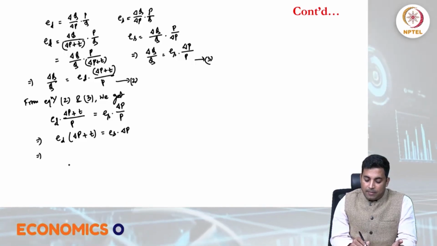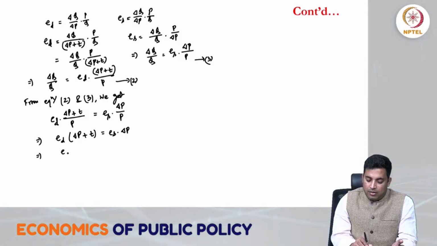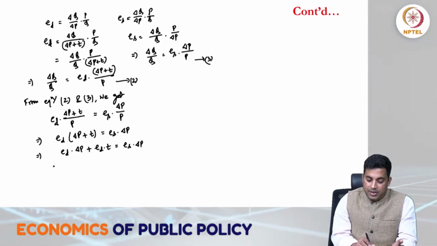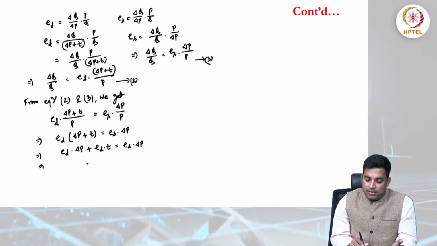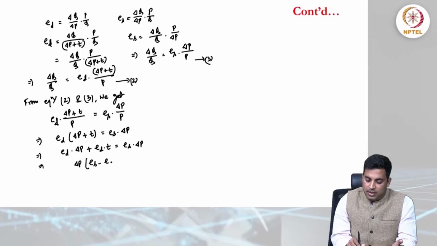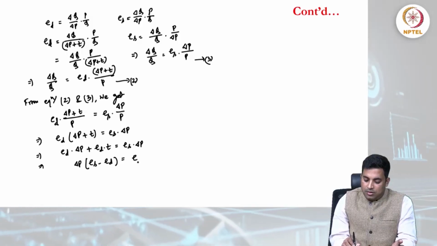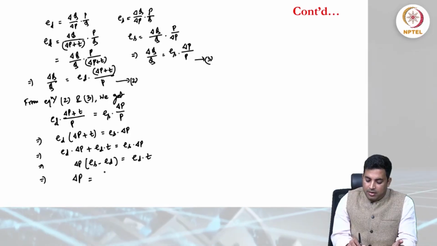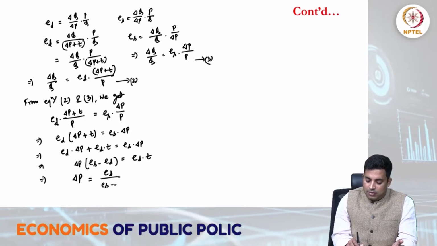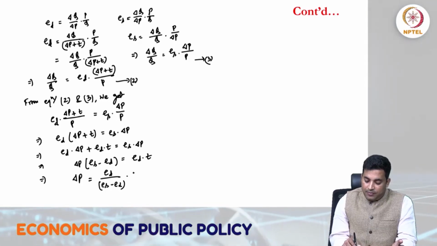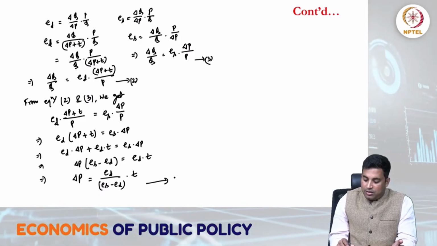Here we can write ED delta P plus ED T equals ES delta P. If we take delta P, we can rearrange it as (ES minus ED) delta P equals ED T. Finally, we can write delta P equals ED divided by (ES minus ED), times T. So we can give this as equation 4.